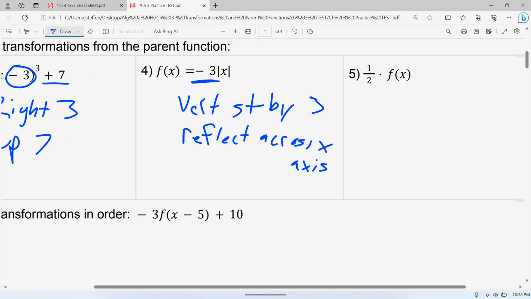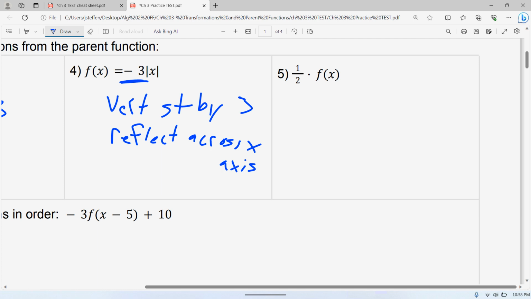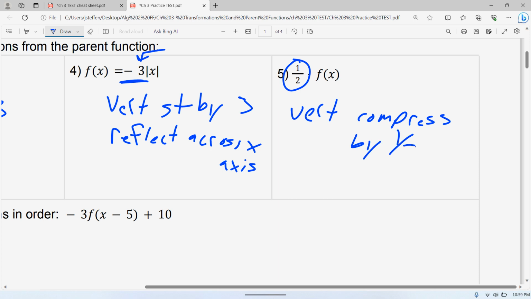So that is a vertical stretch by a factor of 3. The negative is a reflection across the x-axis since it's in front. And then the last thing is the up 10. And that is the proper order for that.